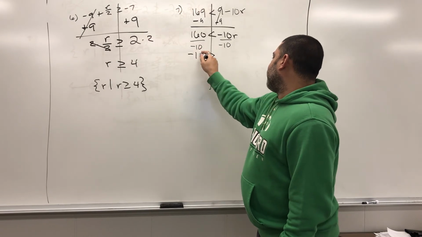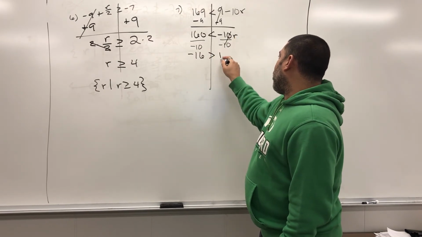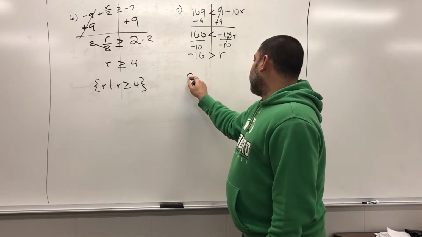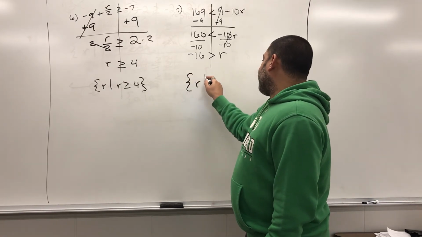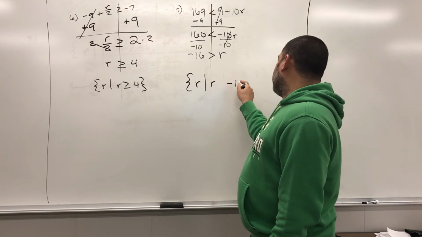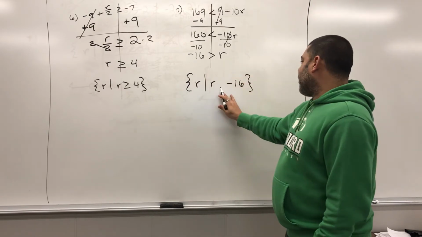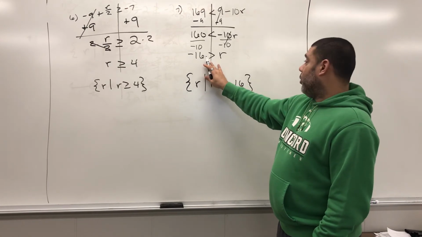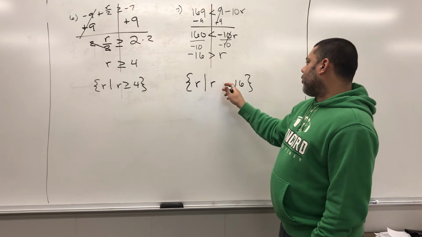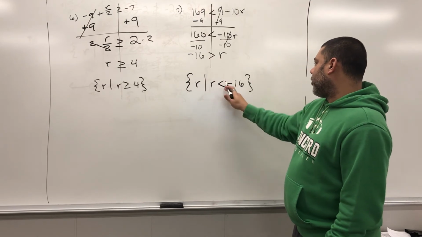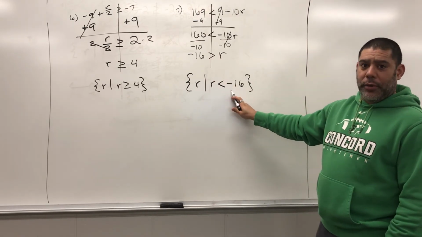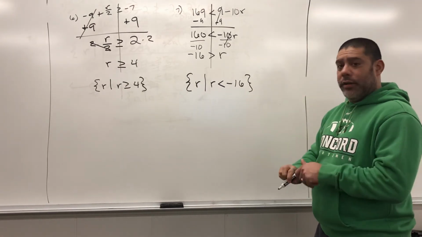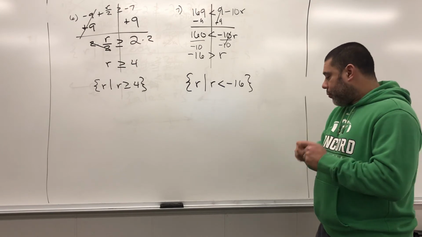I'm going to get -16 is greater than r. Now, when you put this into set notation, we have to write this with the variable first. So I have to adjust this inequality sign because I'm flipping this around. It's eating the -16, so I have to make sure that it's still eating the -16 when I put it in set notation. So it should be r such that r is less than -16.